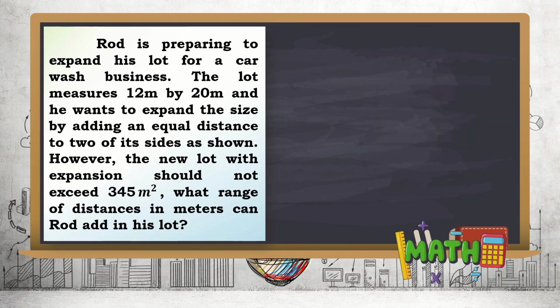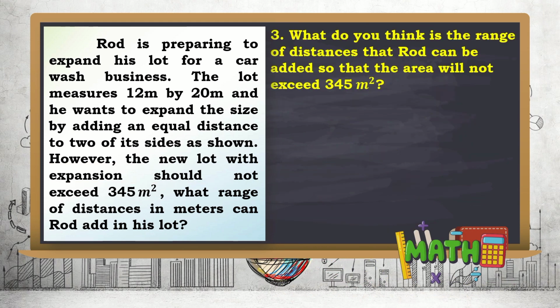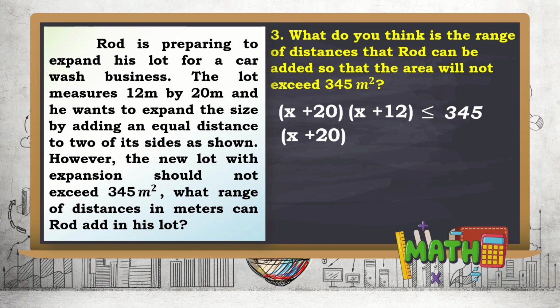Number 3. What do you think is the range of distance that Rod can add so that the area will not exceed 345 square meters? Our mathematical sentence is the quantity x plus 20 times the quantity x plus 12 is less than or equal to 345. Change the inequality into a quadratic equation.